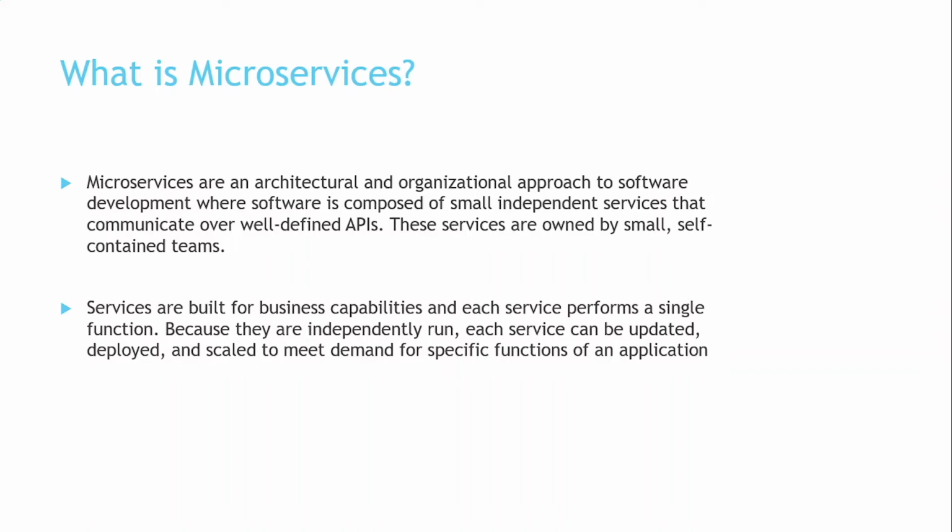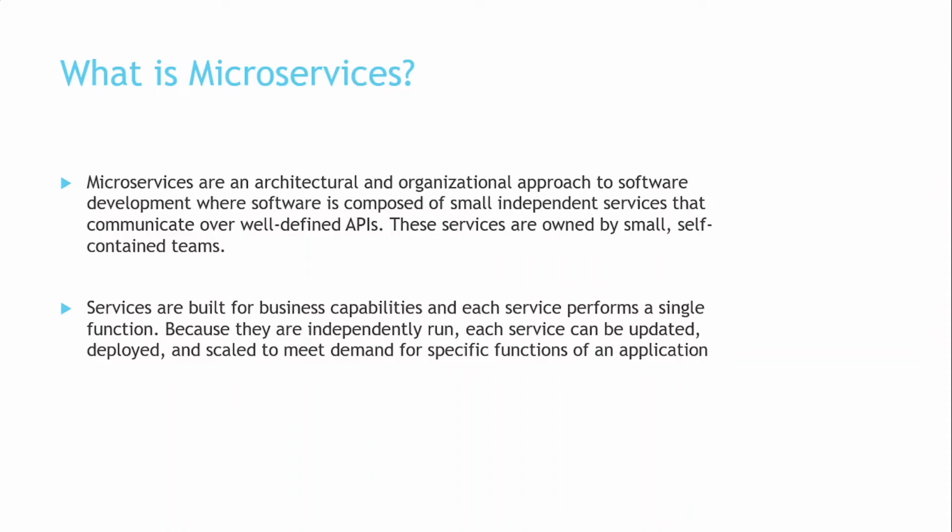So basically we create services from a business perspective. Like if you want payment, then that is a business capability that we want. So we'll be creating a separate service for only that part, that business capability. So for only payment, not for the other things.